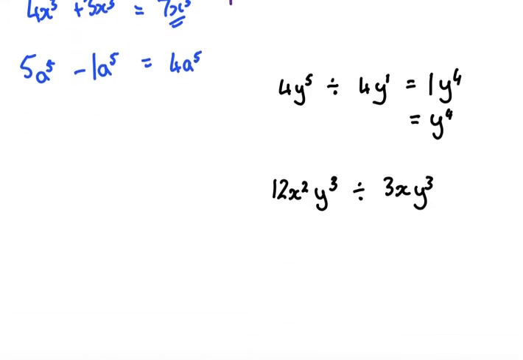The next one, 12 divided by 3, that's going to give me an answer of 4. x2, there's an invisible 1 there, so that gives me x to the power of 1. And y3 divided by y3, 3 minus 3 is 0, and anything to the power of 0 is also 1, so the answer is just 4x. In other words, the y cubed and the y cubed cancel each other out and become 1.